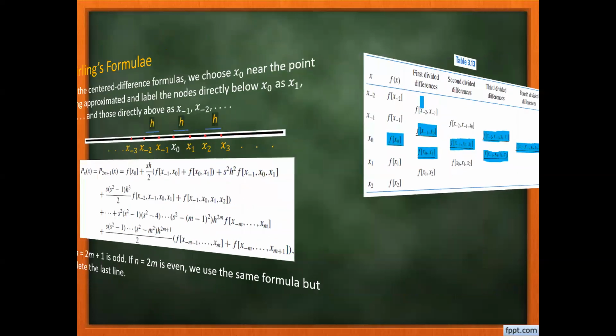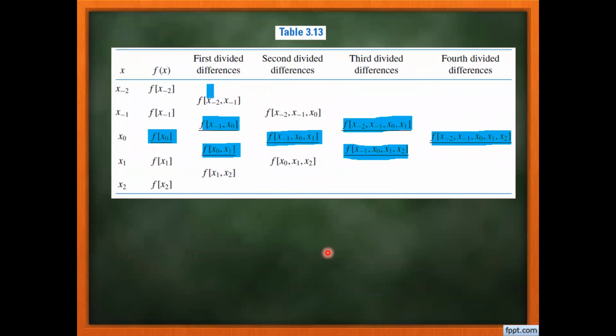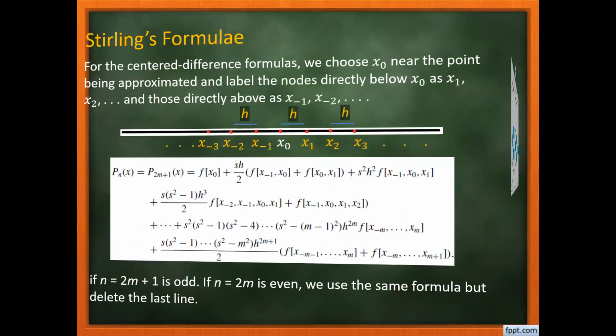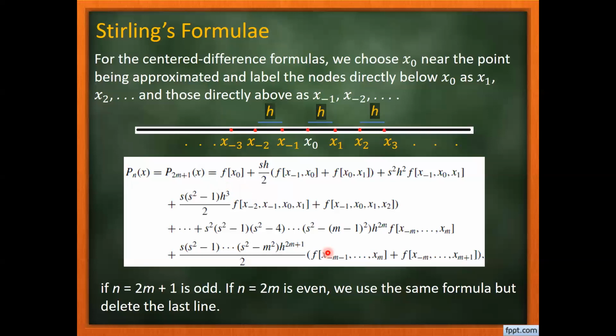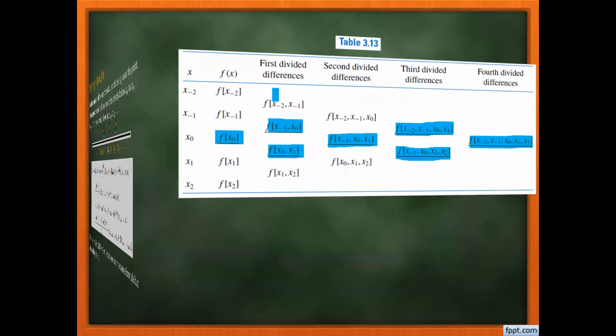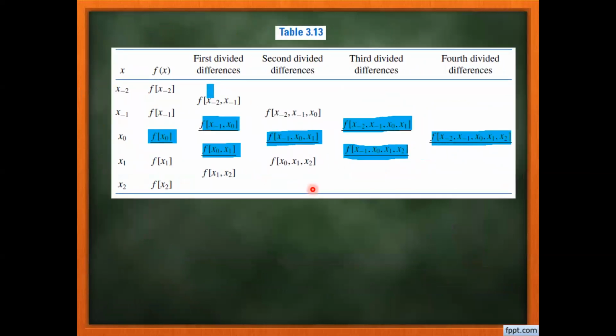Okay, so moving to the divided difference table. Now, as we have discussed earlier, these divided differences are about x0. So the forward divided difference, backward divided difference, or center divided difference, the table for all of them is similar. It is the same.